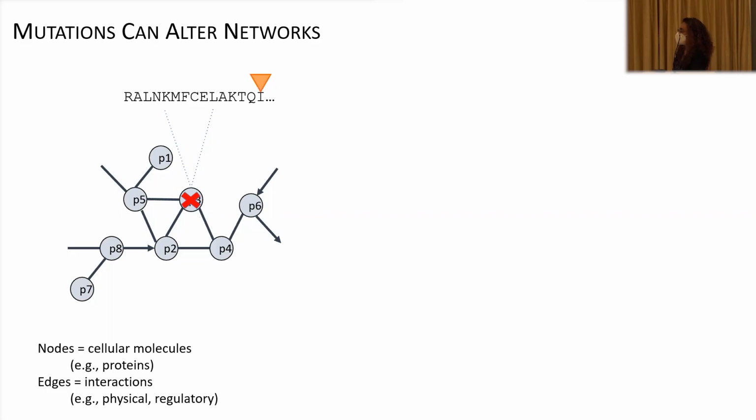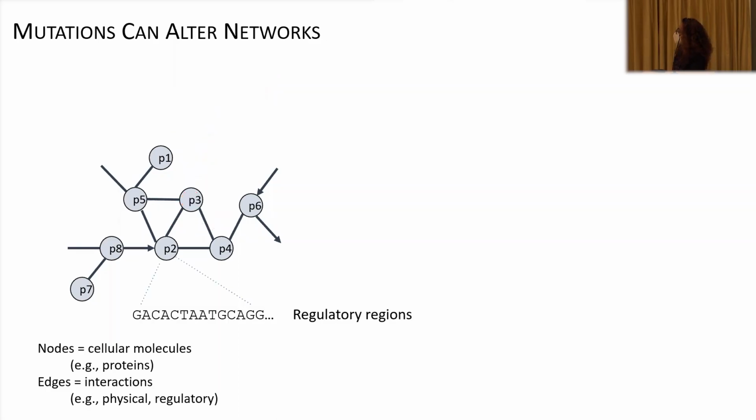Another mutation, and maybe it's so detrimental it kills the entire protein, affecting a whole bunch of interactions that you have. You can also have mutations outside of protein sequences, of course, and so you get a mutation in a regulatory region, and maybe that removes this regulatory interaction between the regulator and its target gene.